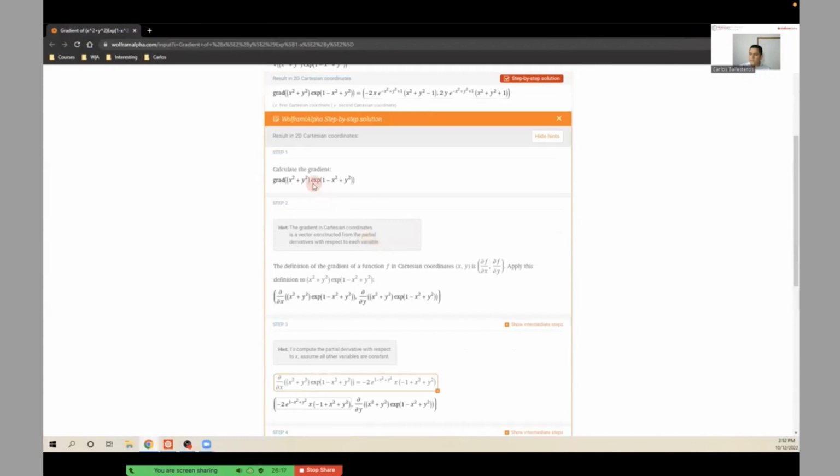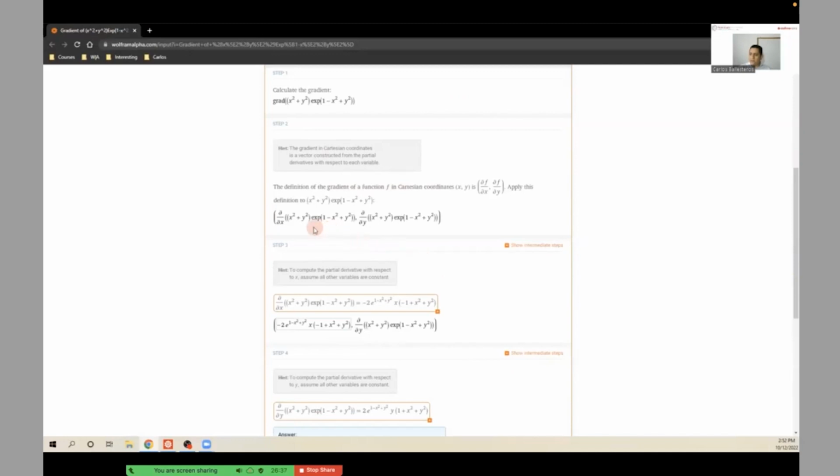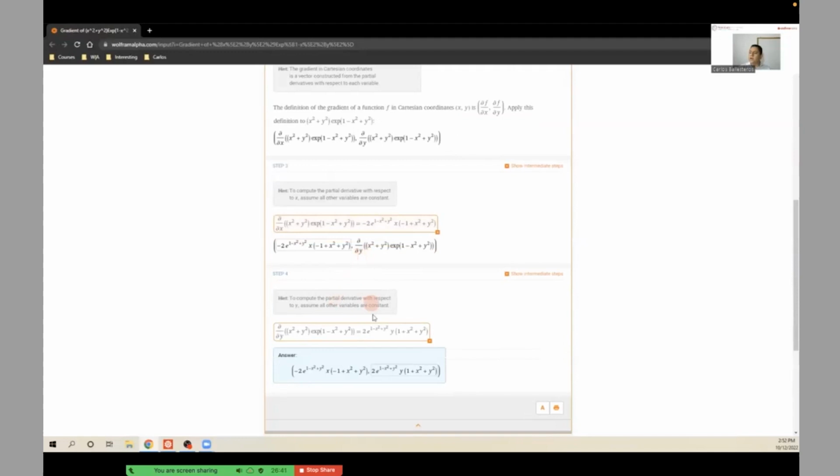Essentially, the first step is the introduction, but the second step, I think, is the main step for this solution, because here we give the definition for gradient, and then you only need to calculate partial derivatives to construct the vector solution.